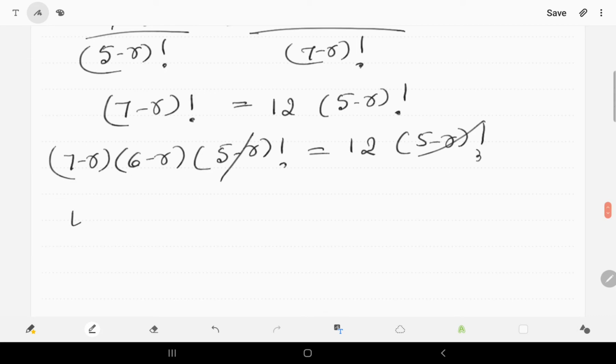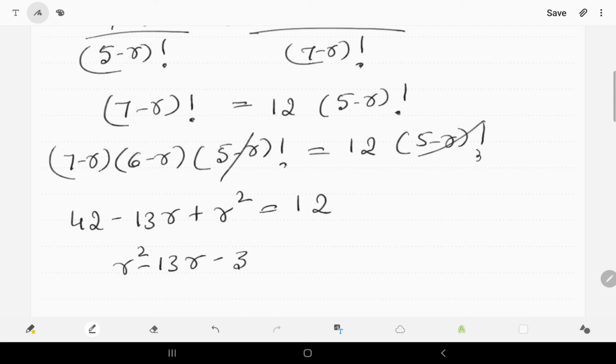Multiplying these two, 42 minus 13r plus r square is equal to 12, or r square minus 13r plus 30 is equal to 0.